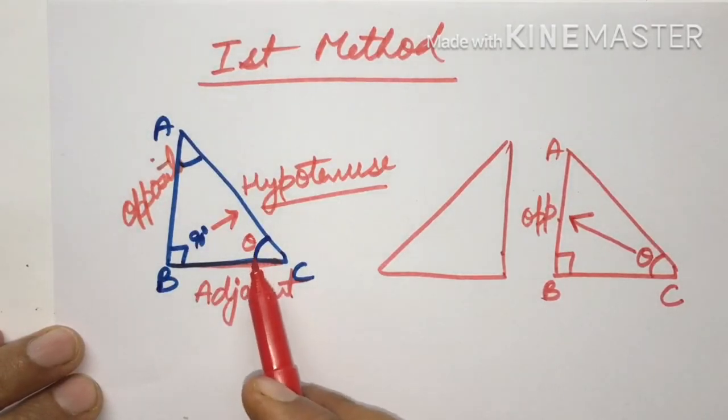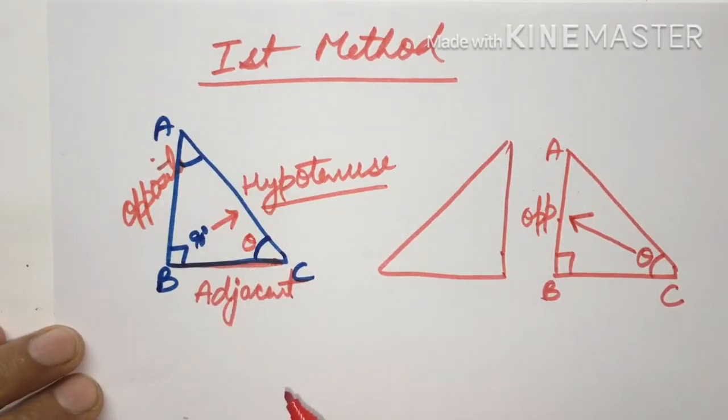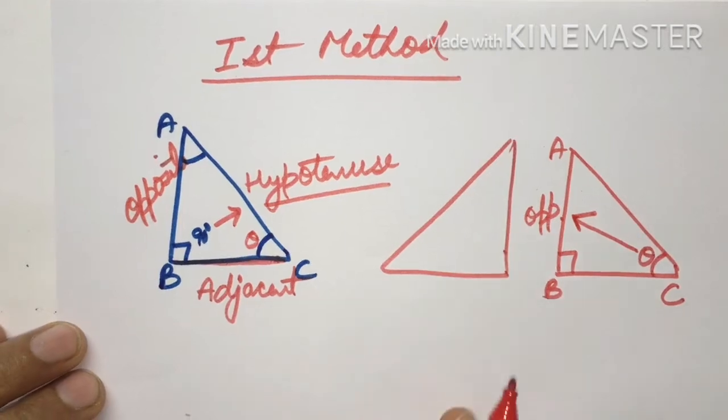With reference to this angle theta, this side is the opposite side. If the angle changes, then the sides will also change.